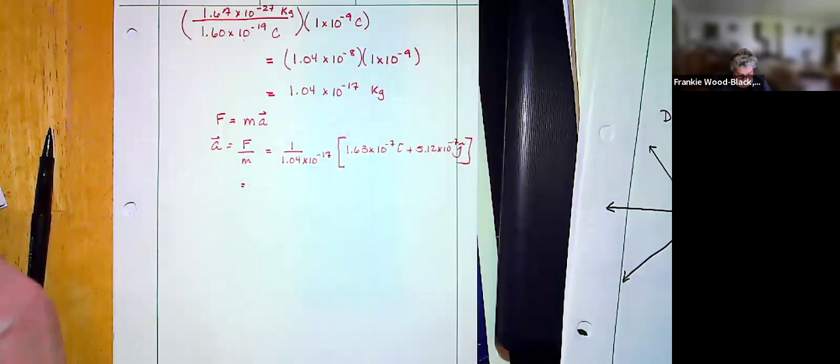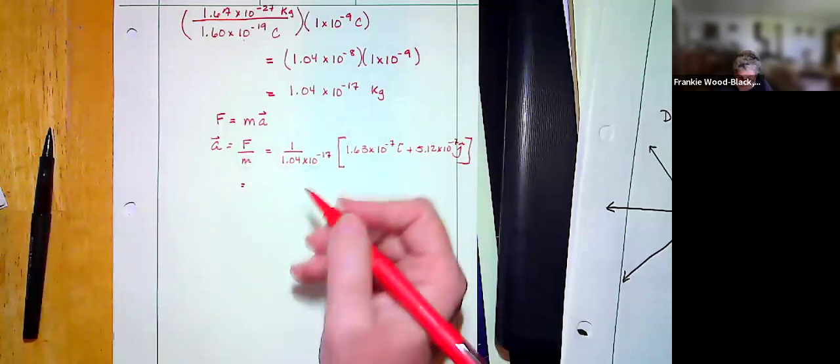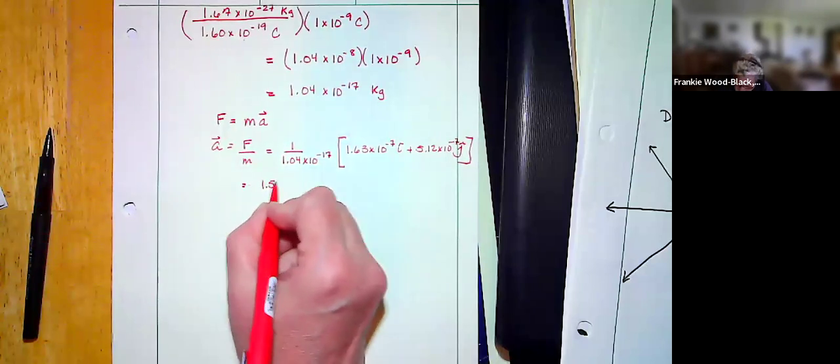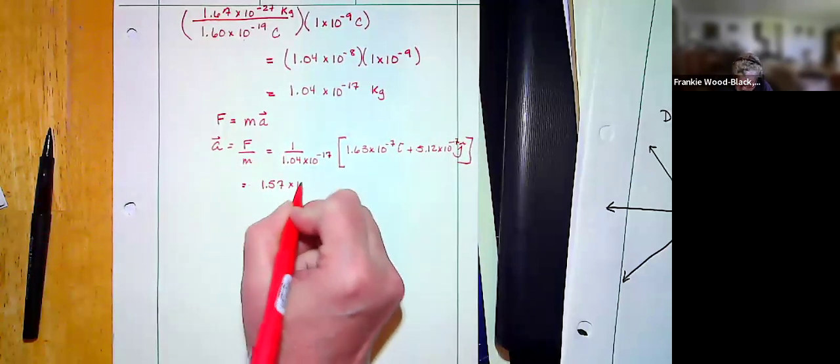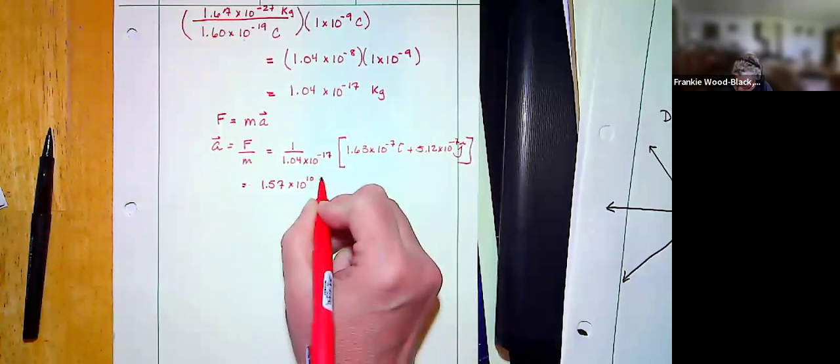At 1.04. This gives me 1.57 times 10 to the 10th in the I direction.